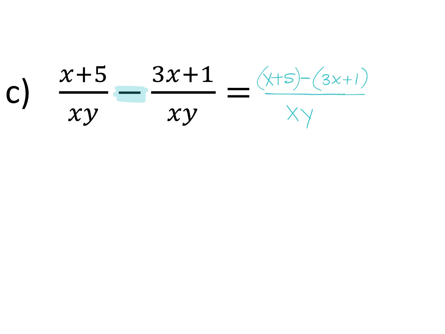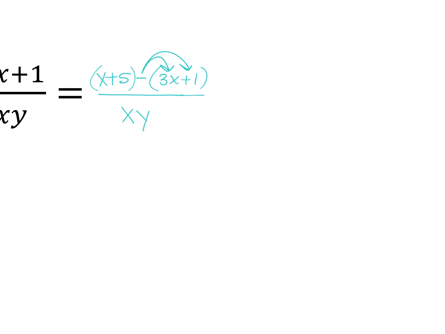You're subtracting the entire numerator, which means that subtraction goes to both of these parts, right? So when we do that, x minus 3x is going to be our first piece of it. We're subtracting. What is that? Negative 2x. And then 5 minus 1 is a positive 4. So it looks like this.